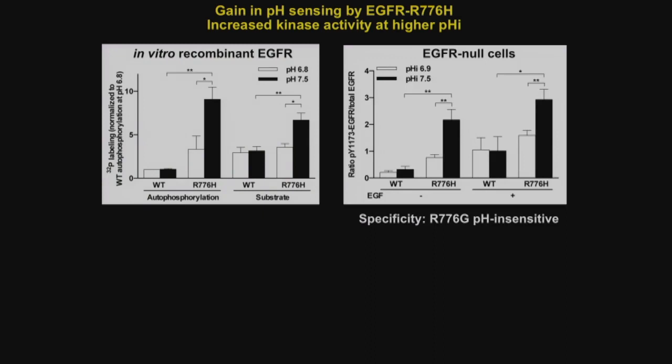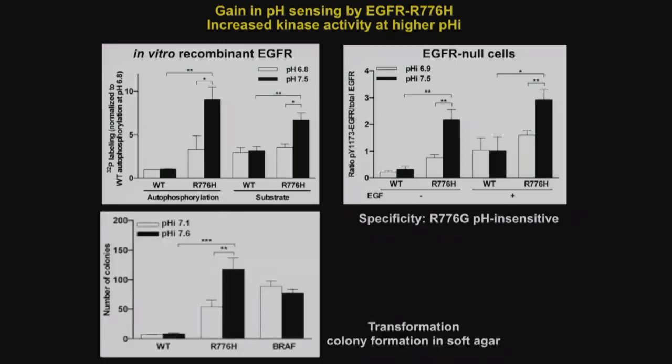There's another recurrent mutation, an R to G, that's pH insensitive. And finally, we could take it down to a functional behavior by showing transformation that is pH sensitive with the mutant receptor, but not with wild type. And as a comparison, we use transformation with BRAF, which is also pH sensitive.